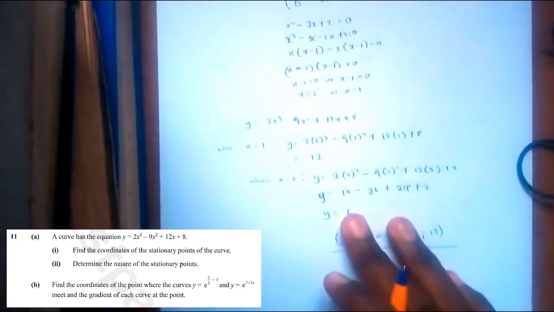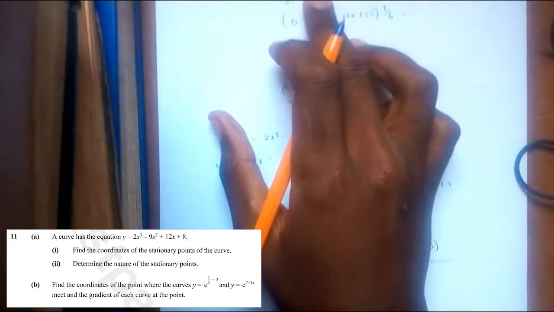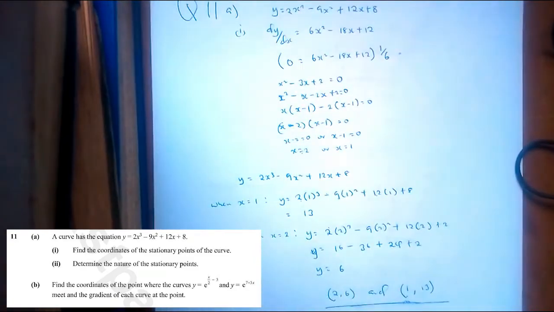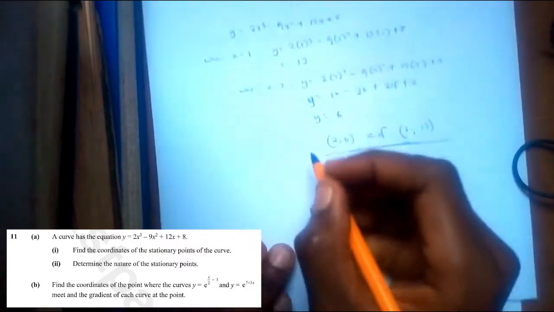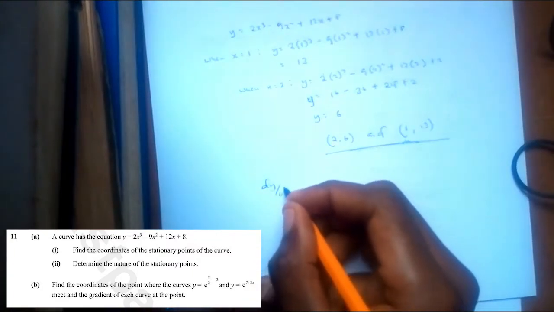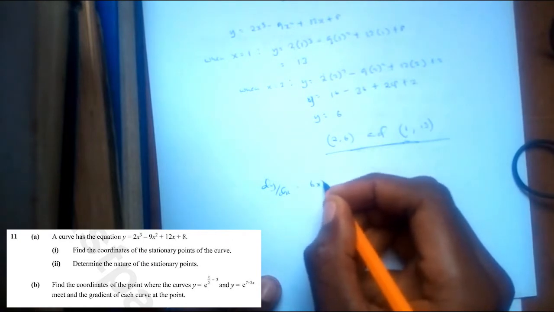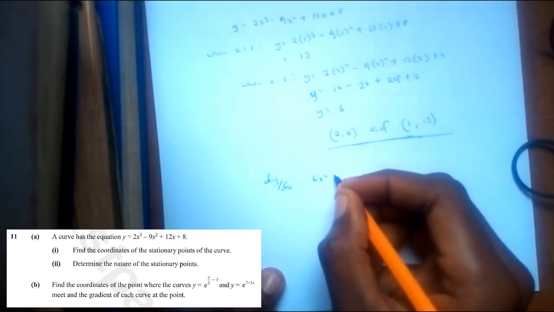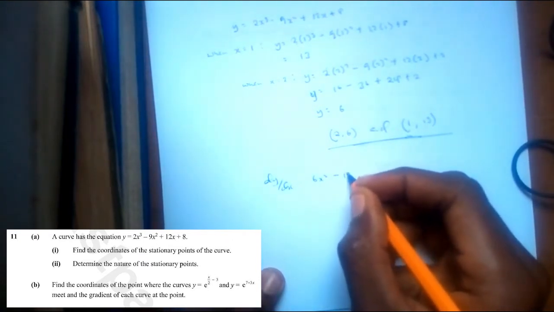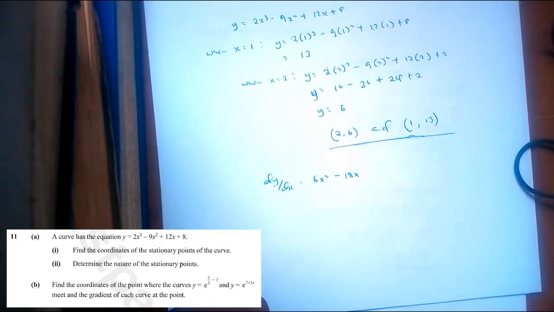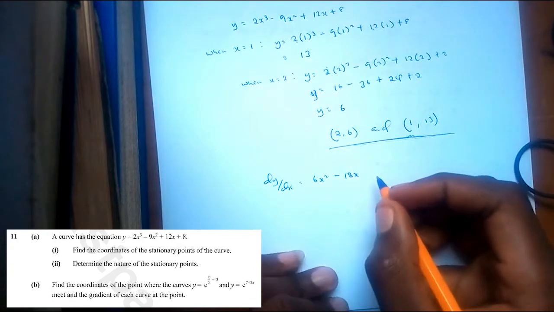Since we already have the first derivative right here, dy over dx is equal to 6x squared minus 18x plus 12.